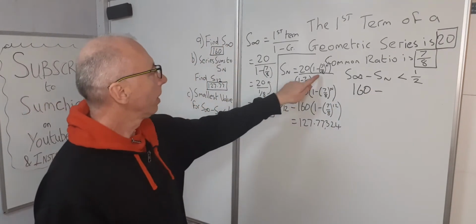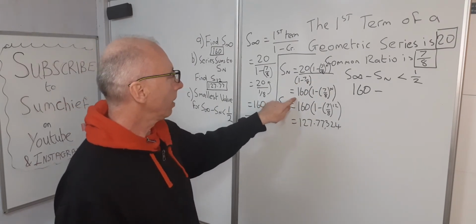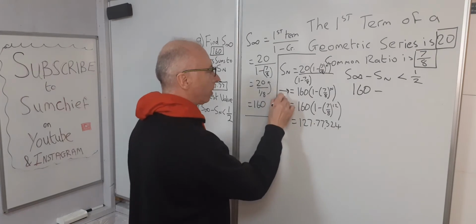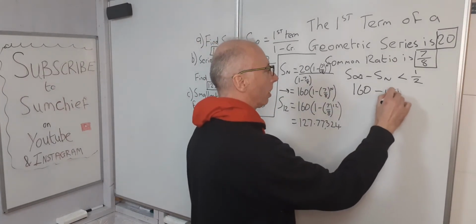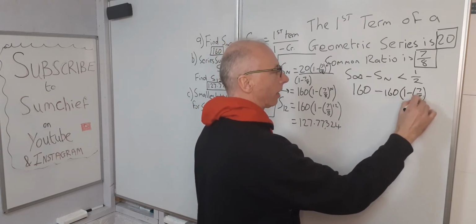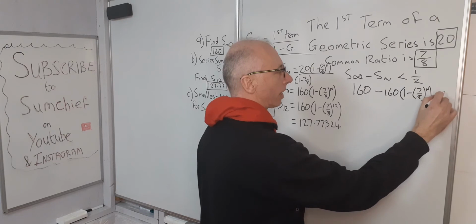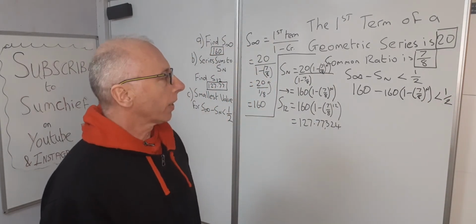Subtracted from this formula here, which we've narrowed it down to. So if we put this one in, that'd be 160 minus 160 times 1 minus 7/8 to the power of n is less than a half.